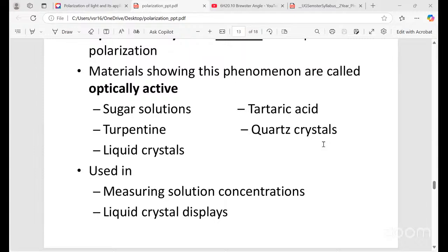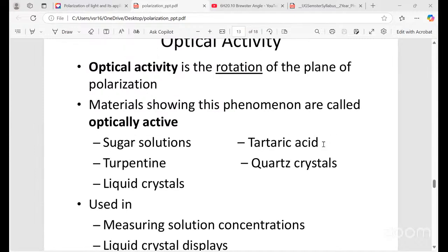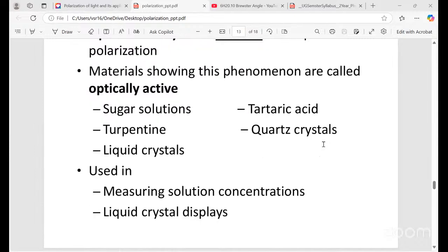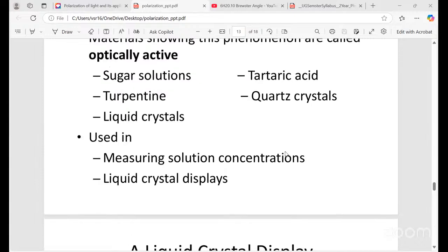So this optical activity is observed in sugar solutions, tartaric acid, turpentine, quartz crystals, and also in liquid crystals. You can easily observe this phenomenon. So where are we using this? We use it in measuring solution concentrations.